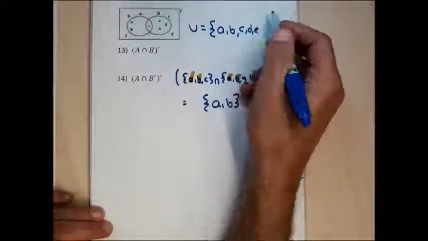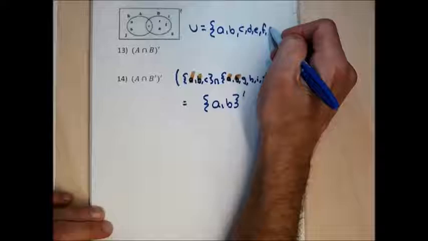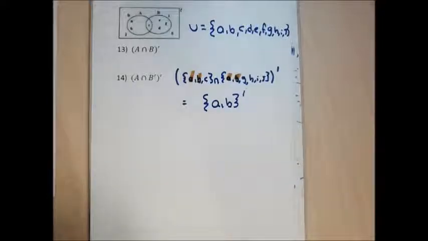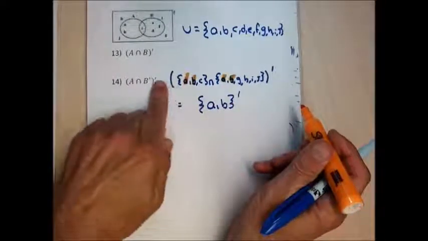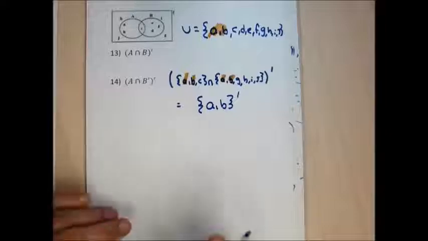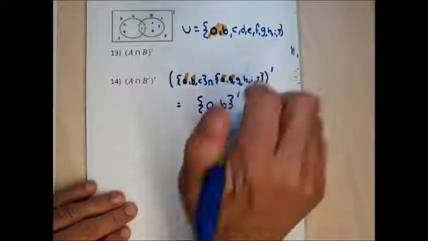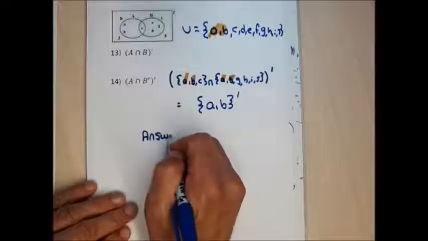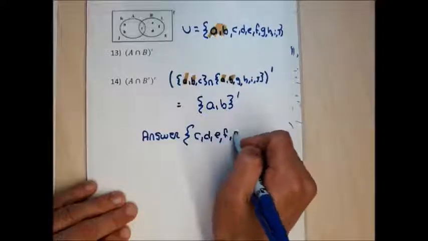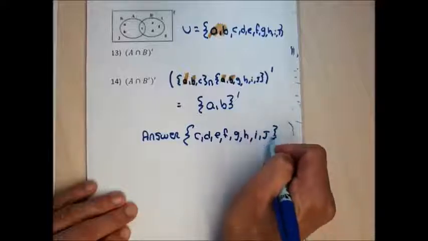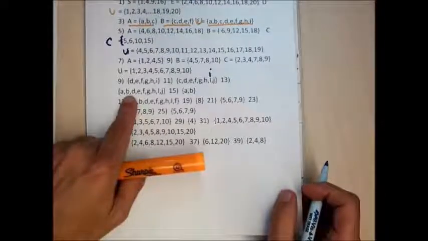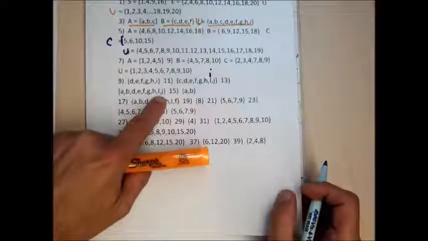The universal set for this Venn diagram, or the letters contained in this Venn diagram, are all the letters from A through J. So the complement of this set is all the letters in the universal set that aren't A and B, so it's going to be the letters C through J. My answer to problem 14, the set that's being described there, is a set containing the letters C, D, E, F, G, H, I, and J. Your problem 13, the answer that I have written down is A, B, D, E, F, G, H, I, and J.